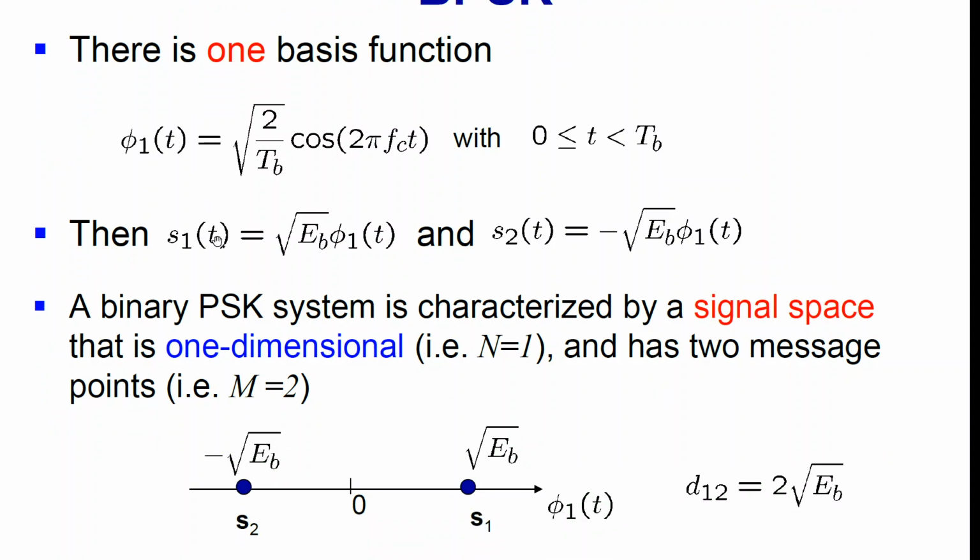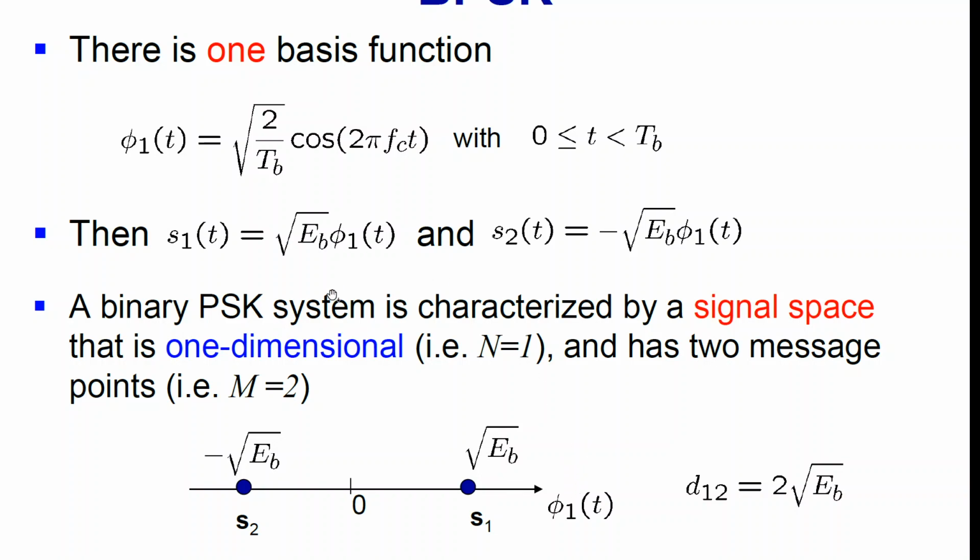You can draw S1 of t and S2 of t in the signal space like this. In this signal space there is only one basis function, so you have only one axis, represented as phi 1 of t. Then S1 of t is the point root EB on the axis defined by phi 1 of t.